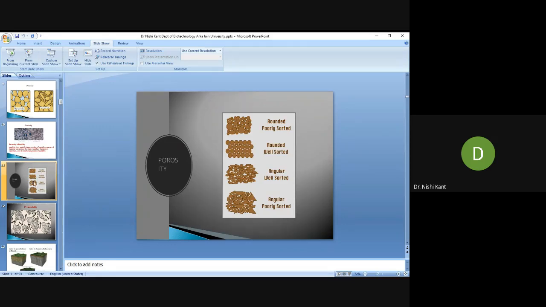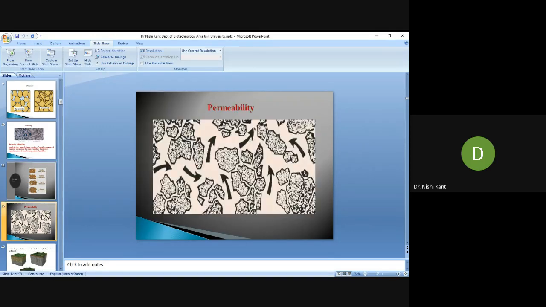Moving toward permeability: the ability of a porous medium to transmit water is called permeability. It is the ability of the rock to permit fluid flow through interconnected pores. A rock is said to be permeable if it permits an appropriate quantity of fluid to pass through it in a given time, and impermeable if the rate of passage is negligible.